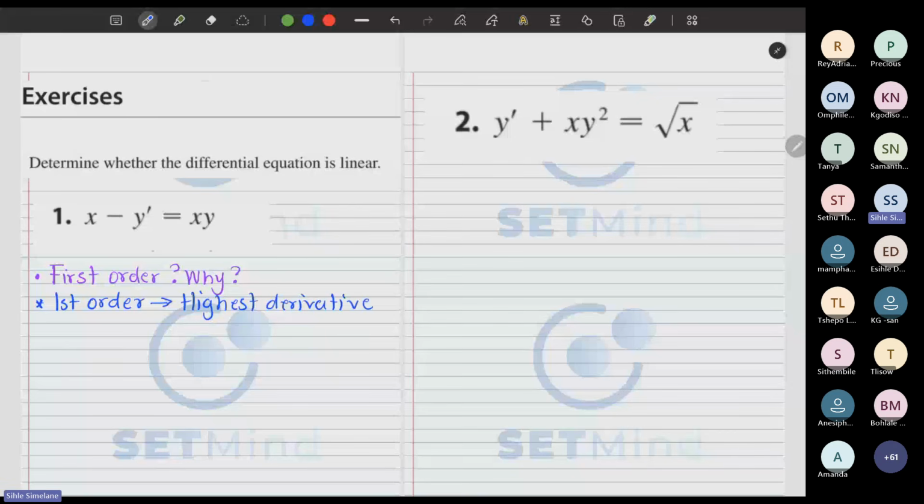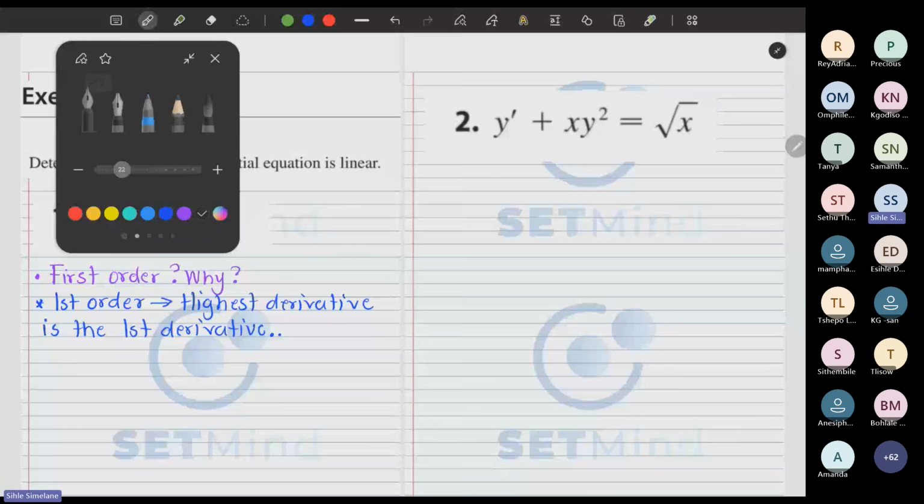That is why this is a first order. The highest derivative is the first derivative. Okay. So now let's quickly figure out, is this a linear differential equation? So we know it's first order, but is it linear?